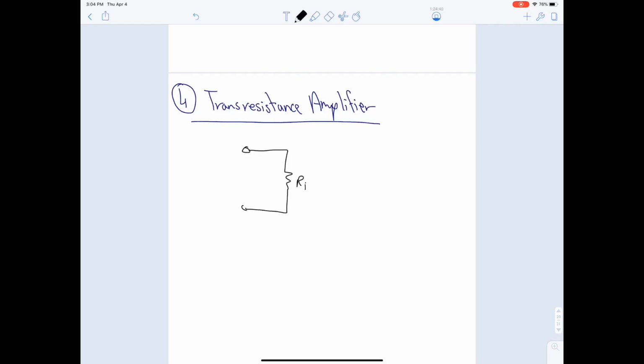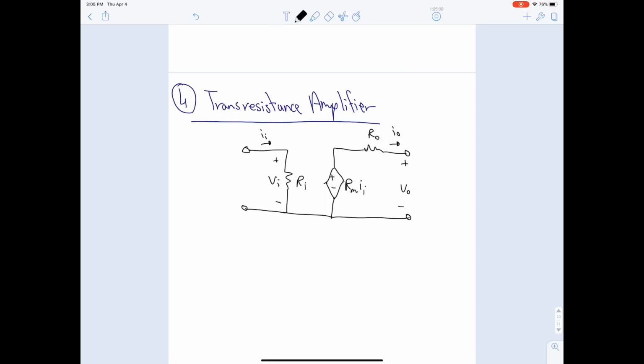This should be given to you in the question. You should not need to know this unless the professor requires you to draw it, but I doubt it. So this is the output. Here you have I input, and here you have I output. This is the input also.